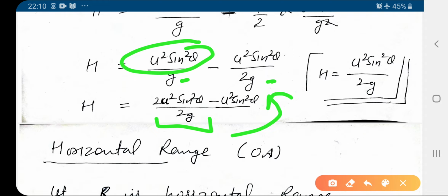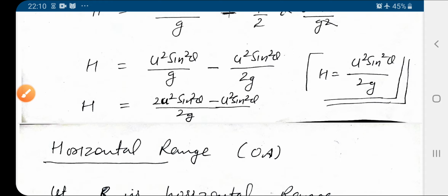Now in the numerator we have 2 u square sin square theta minus u square sin square theta, so it is double, so 2 minus 1 gives 1. So we will be left with H is equal to u square sin square theta over 2g.